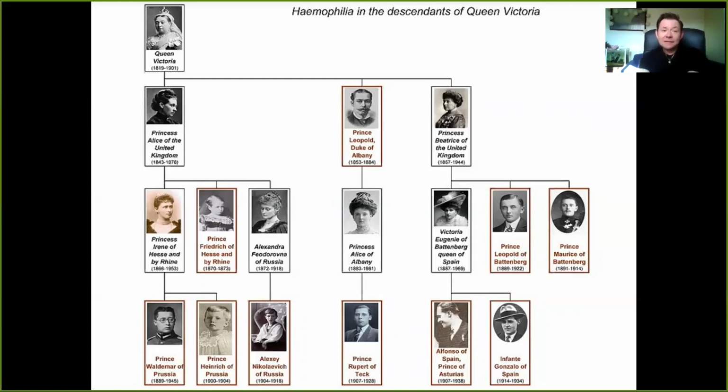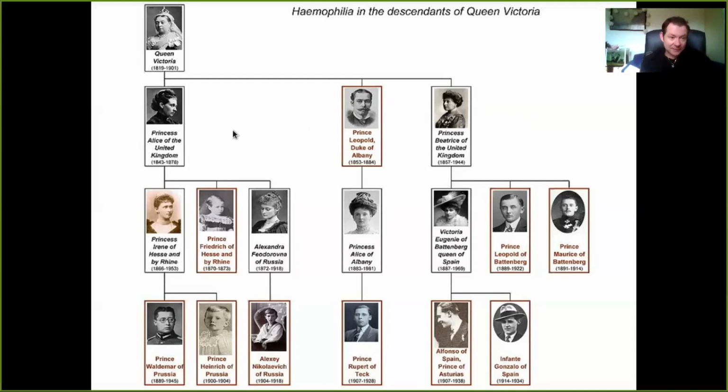Now, we believe that Queen Victoria, there was a mutation in one of her eggs that she produced. And this was passed on to her offspring, and through lots of interbreeding matings, the gene accumulated. So the mutation would have occurred within Queen Victoria herself on the X chromosome. So she would carry this and pass it on to the next generation.